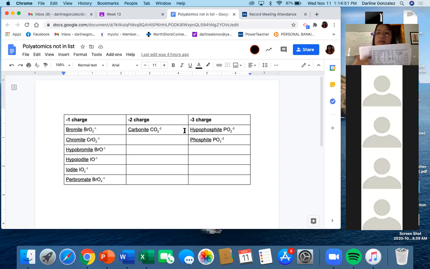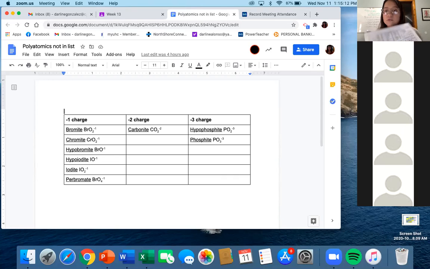Okay, like I said, this doesn't have all the polyatomics. With this list and this list right here, you have all the polyatomics you need. Okay, so again, just copy it down if you can't print it. Okay, that's going to be the best way.